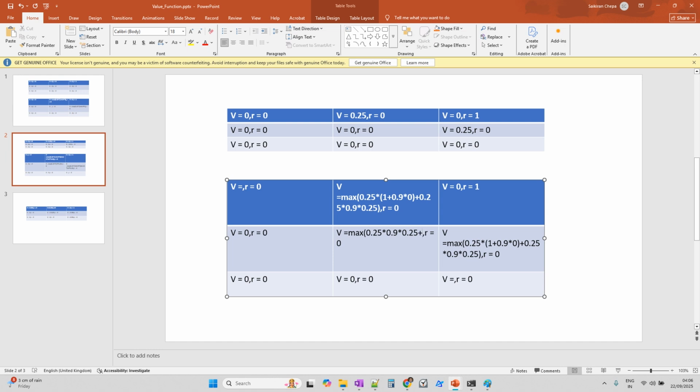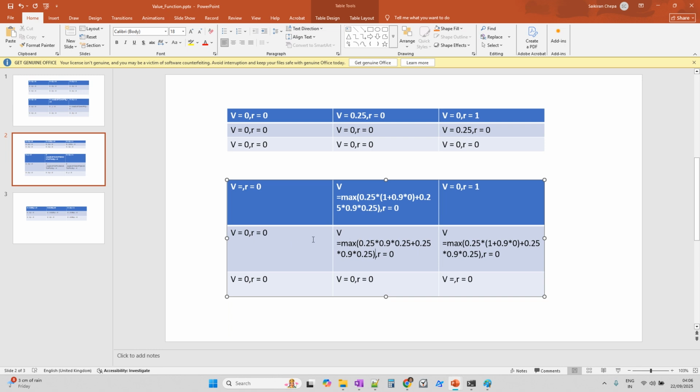Plus, if he goes to the right, then 0.25 is the probability, and then discounting factor is 0.9, and then the value here is 0.25. So you get it. If he goes in any other direction, the same value will come.